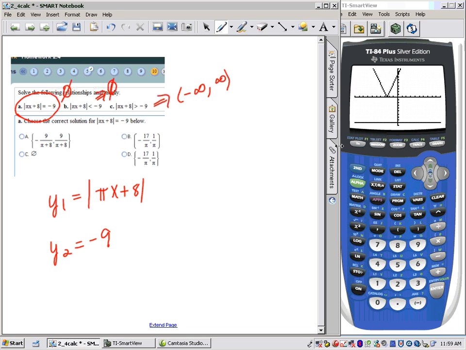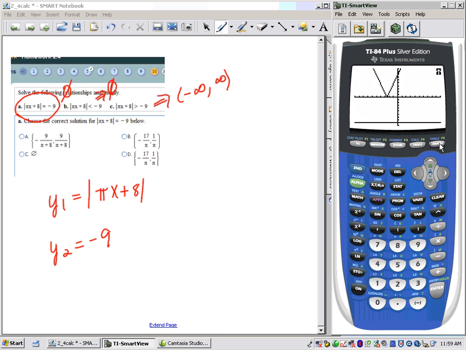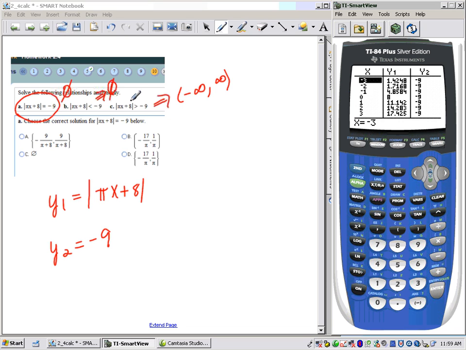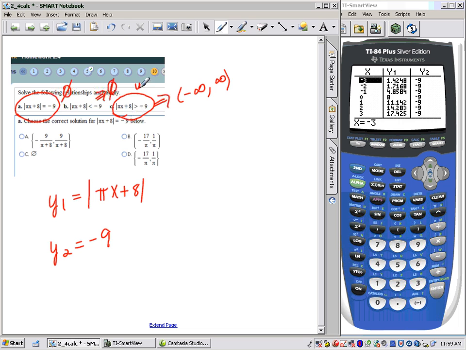Okay. Now you can also confirm on the table. If I'm comparing the values of y1 and y2, I'm trying to find where y1 is larger than y2. Well, y1 is larger than y2 at every value of x. So that would tell me it's negative infinity to infinity.